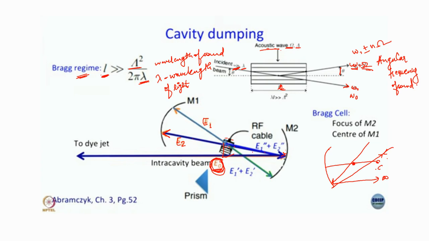In the same way, E2, some part of it goes straight and some part gets deflected at this angle. The part which goes straight is E2 double prime, and the part which gets deflected from its path is E2 prime. This is how the total that passes through the prism is the sum of E1 prime and E2 prime.